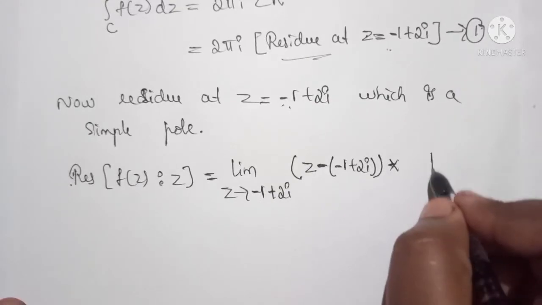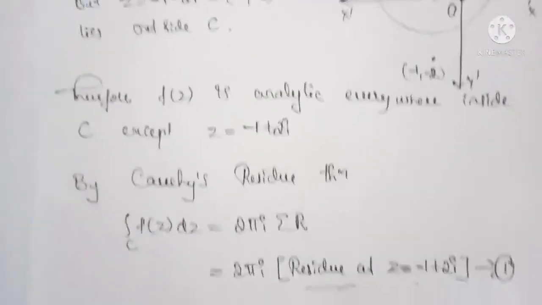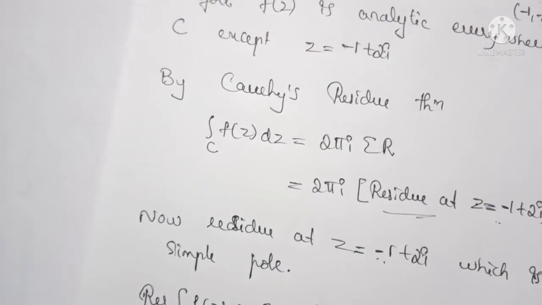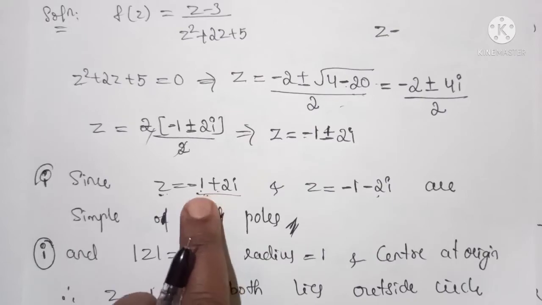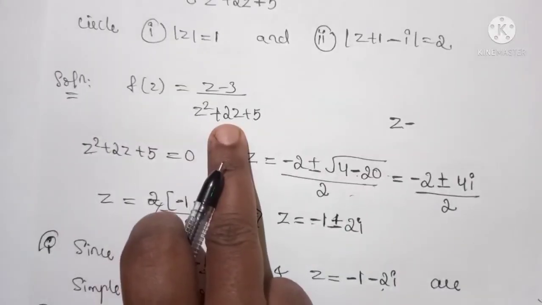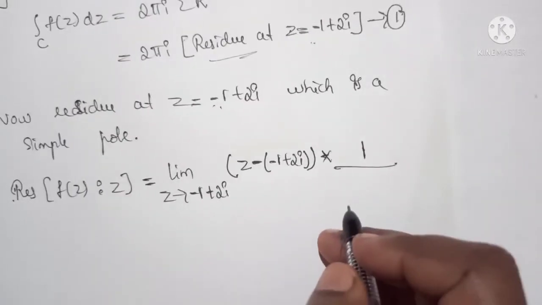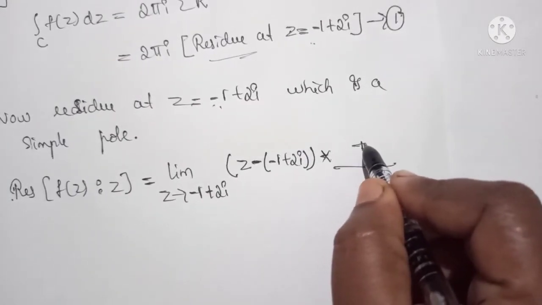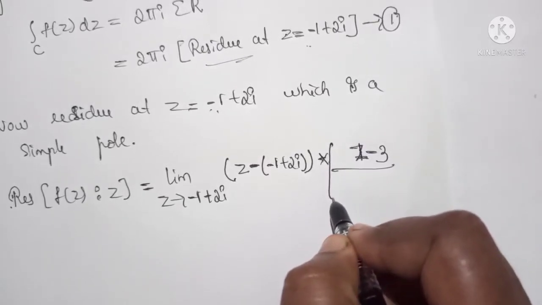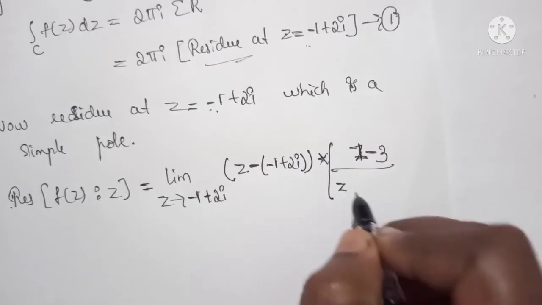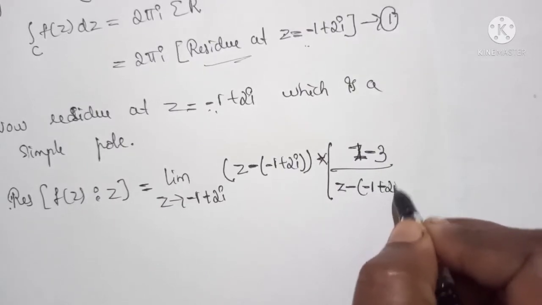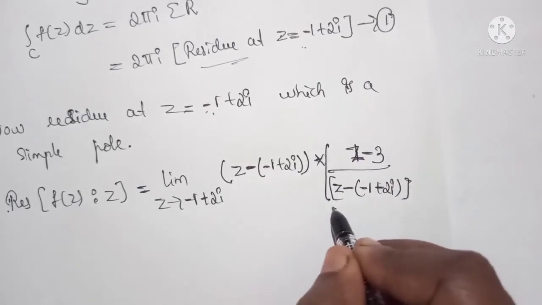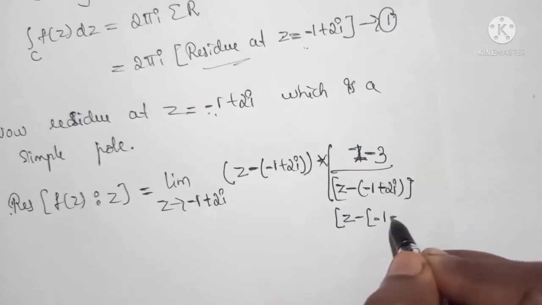Because this is a quadratic equation, minus 1 plus or minus 2i are the roots of it. Therefore f of z can be written with numerator z minus 3 and denominator z minus (minus 1 plus 2i) into z minus (minus 1 minus 2i).